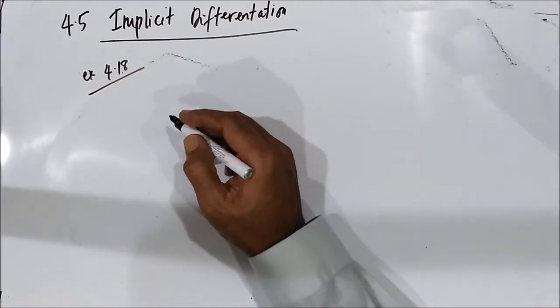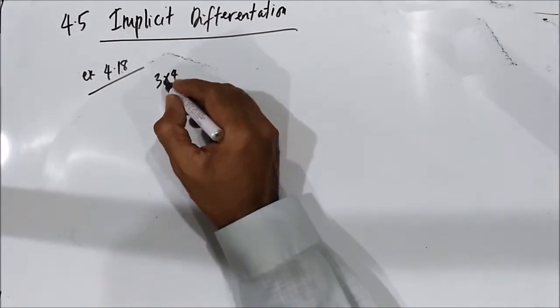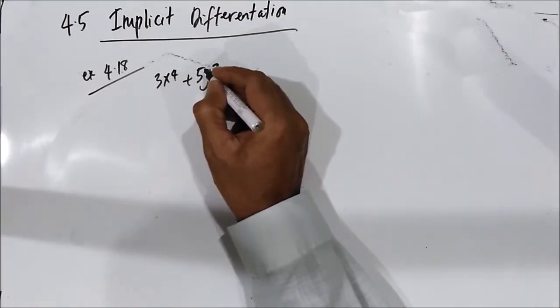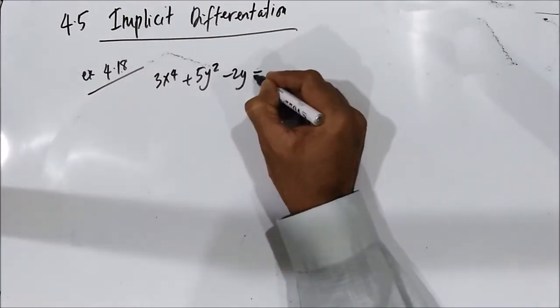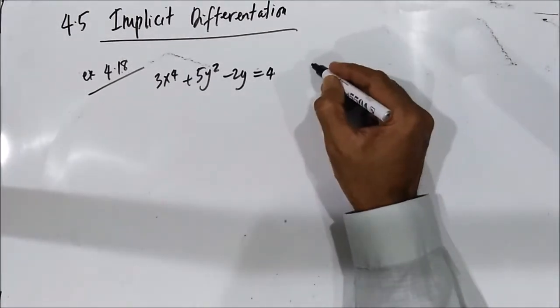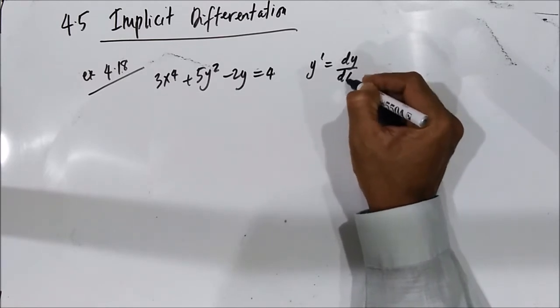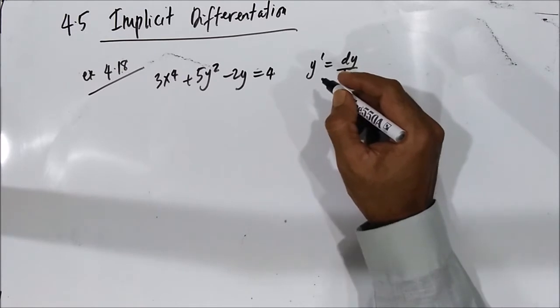Now, given that 3x raised 4 plus 5y raised 2 minus 2y equal to 4, I want to find y prime or dy/dx. So this refers to implicit differentiation.